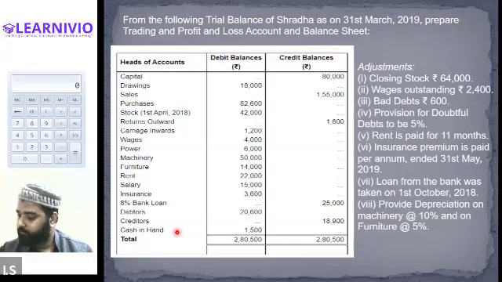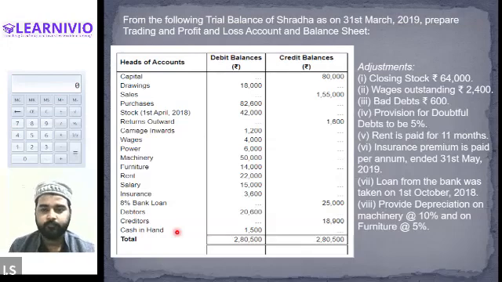Excuse me, sir. In our school textbook, when they said journalize transactions, the teacher journalized all the items in the profit and loss and the balance sheet, I think.